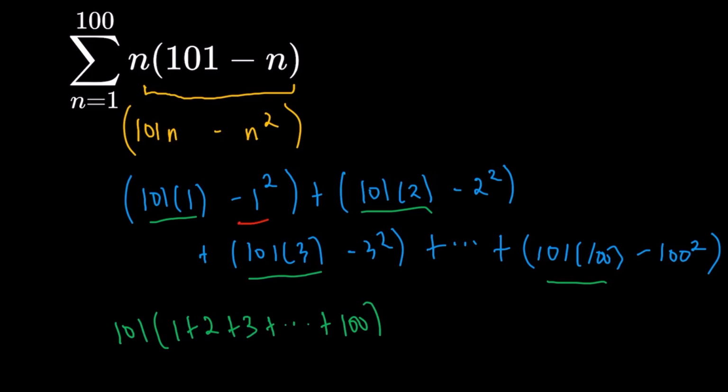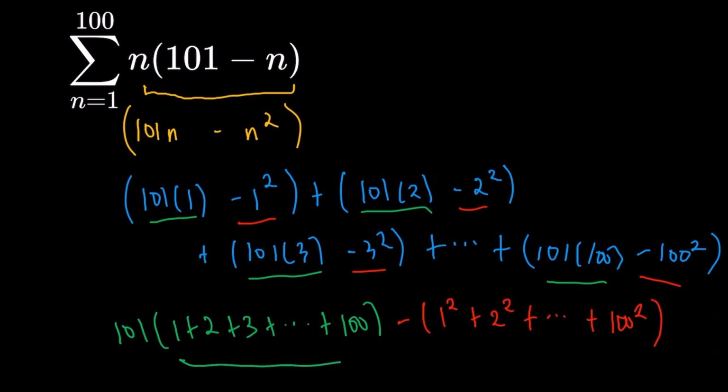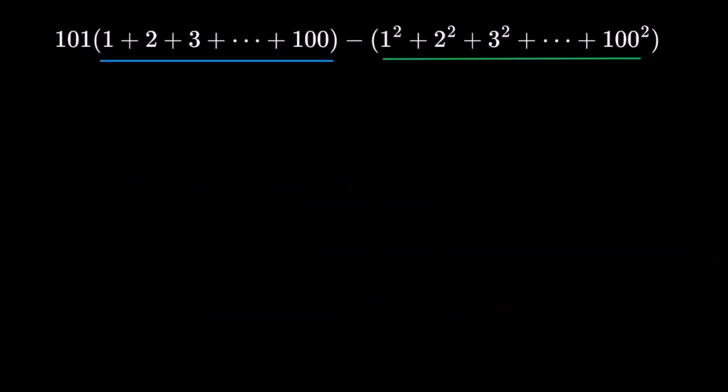Next, for the minus 1 squared, minus 2 squared, minus 3 squared up to minus 100 squared, I can represent this as minus the sum of the first 100 positive perfect squares. Because these two have nice closed forms, it would be easier for us to get the sum. So let's take a look at these two.